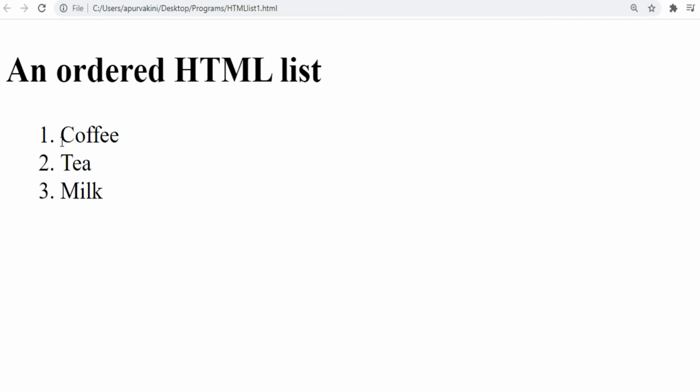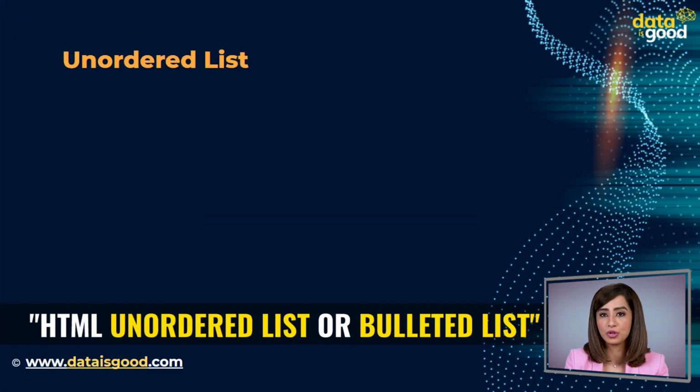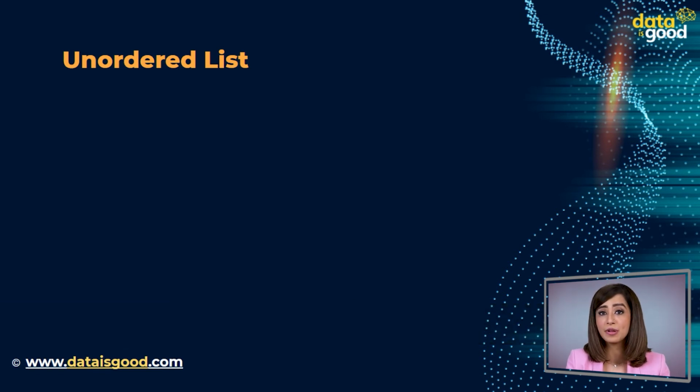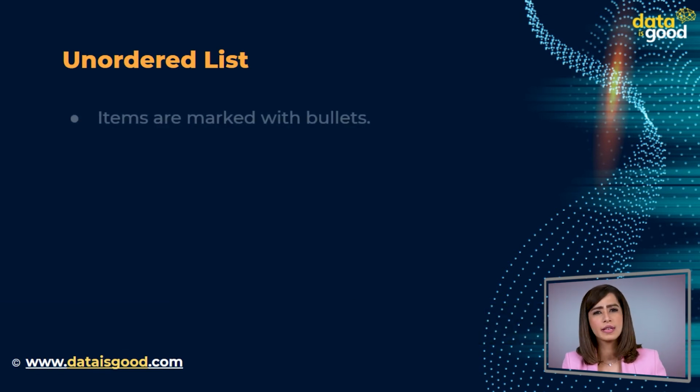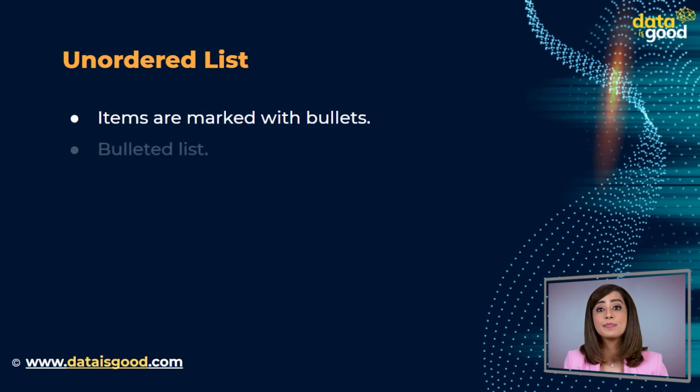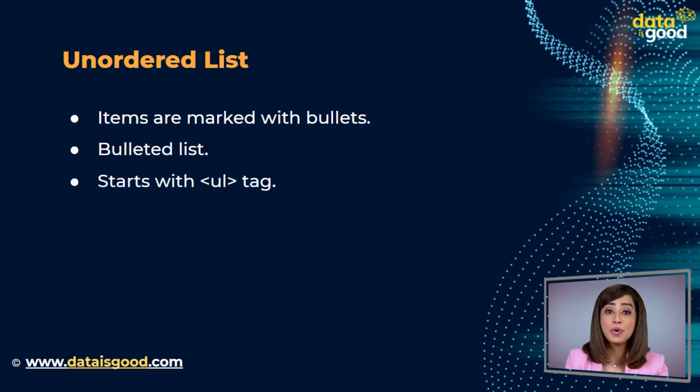Now let's move on to the next point, which is the HTML unordered list or bulleted list. In the HTML unordered list, all the list items are marked with bullets. It is also known as a bulleted list. The unordered list starts with the ul tag.